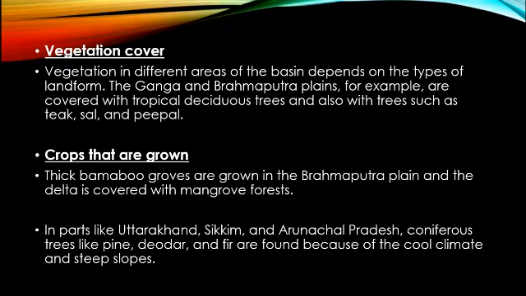The main crops which are grown there are tobacco, and bamboo groups are grown, and the Brahmaputra plains and the delta are covered with mangrove forests. In some areas there are also coniferous trees like pine, deodar, and fir because of the cool climate and the steep slopes.